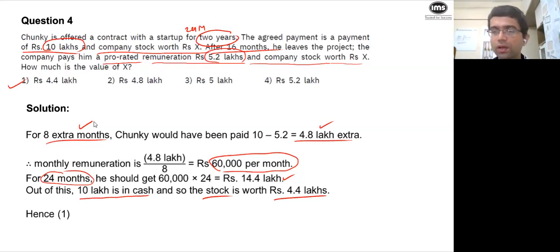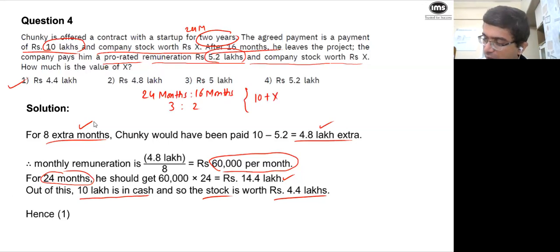What else could you have done? Yes, Ashutosh, you could have done that. Instead of 24 months, he worked for 16 months. Now what's the ratio? 3:2, right? So initially he would have got 10 plus X, correct?